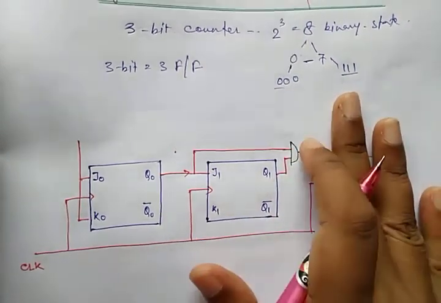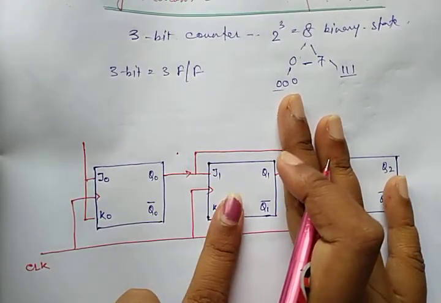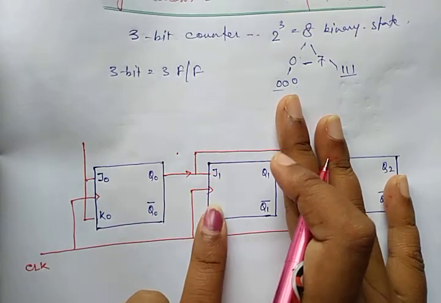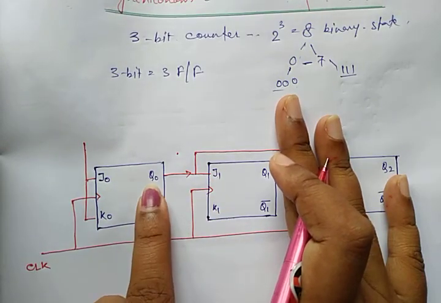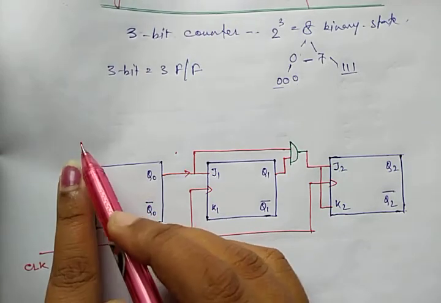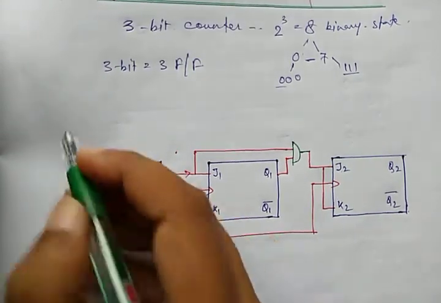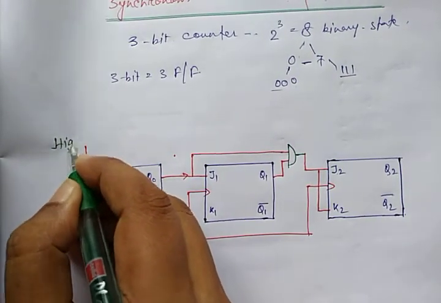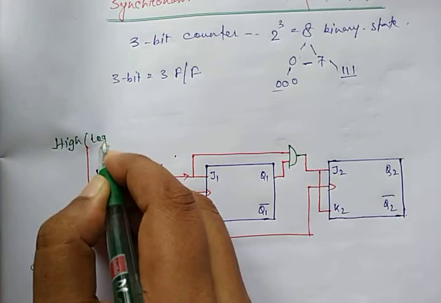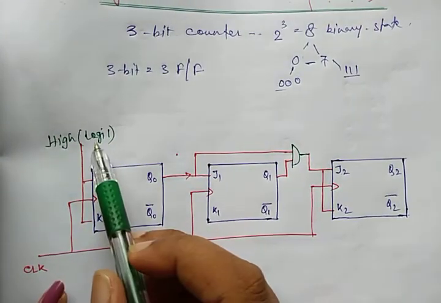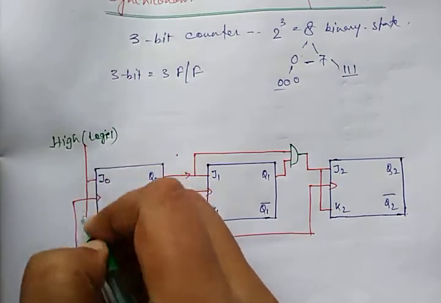In the 2-bit counter, we have seen that 2 flip-flops were used. The first flip-flop's input is fed from the outside world, and the input of the second flip-flop is fed from the output of the previous flip-flop. But as 3 flip-flops are used in the 3-bit counter, the first flip-flop gets, as usual, its input from the outside world. This input must be high because we want only the input 1 1 to get the toggle condition. So logic 1 is fed as an input.